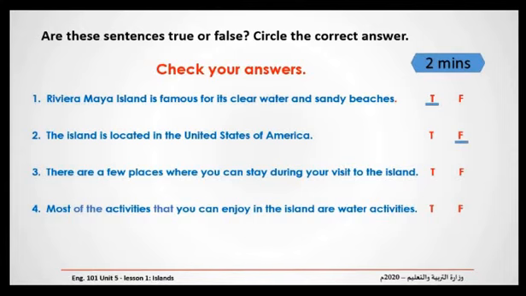Number 3, there are few places where you can stay during your visit to the island. This is false because the places are not few. Number 4, most of the activities that you can enjoy on the island are water activities. And that's also true.